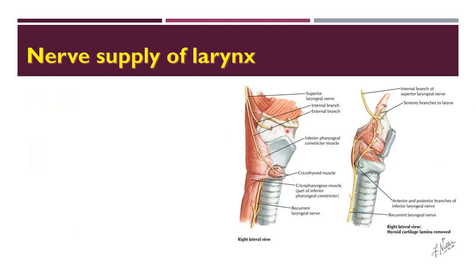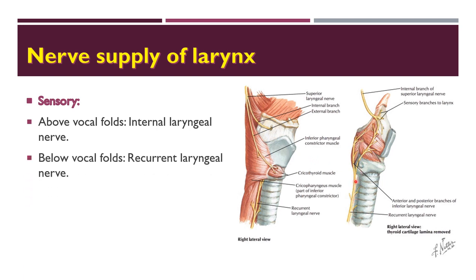Coming to the nerve supply of the larynx, the sensory nerve supply. The mucous membrane above the vocal folds is supplied by the internal laryngeal nerve, which pierces the thyrohyoid membrane. Below the vocal folds, it is supplied by the recurrent laryngeal nerve.